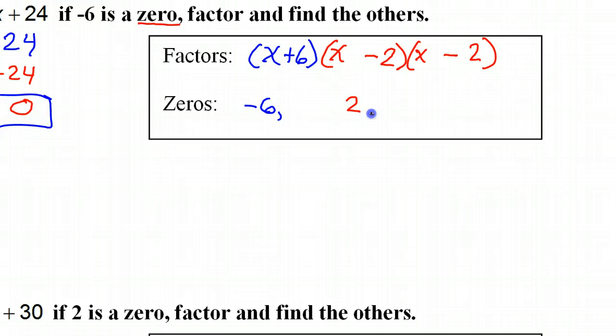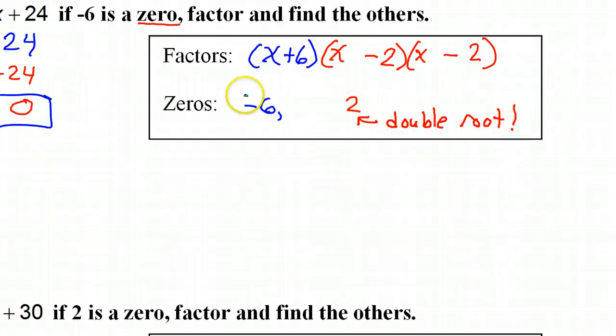But it's a multiplicity of 2. It's a double. So in fact, rather than listing it twice, let's just make a note to ourselves that this one is a double root. All right, let's not list it twice. There are only 2 zeros. It's just that this one is multiplicity 2. It's a double root. It's repeated.